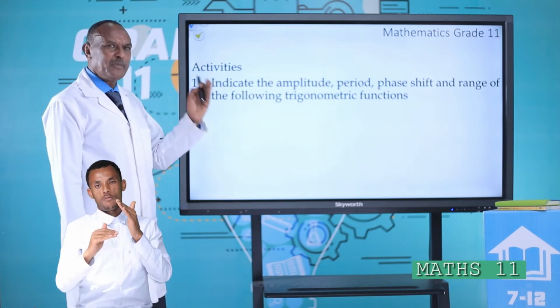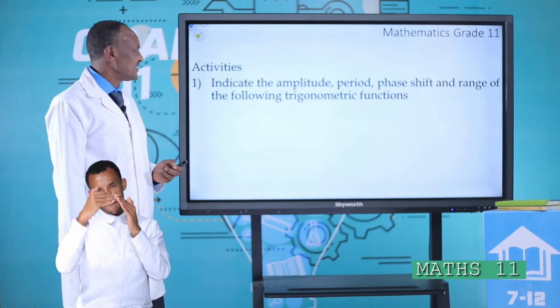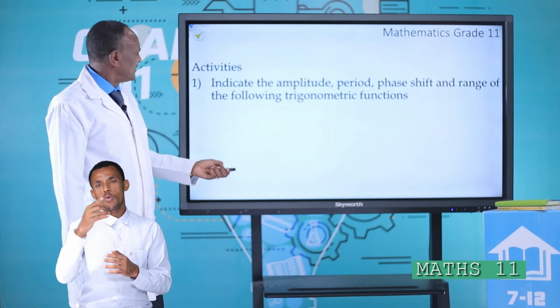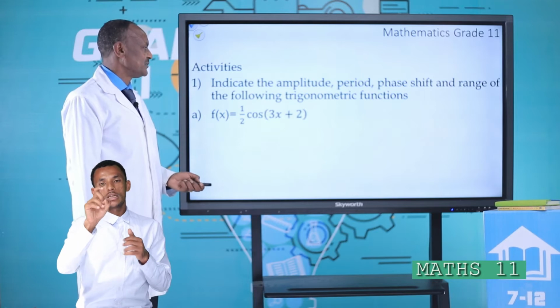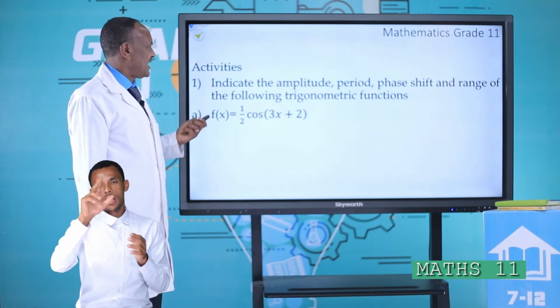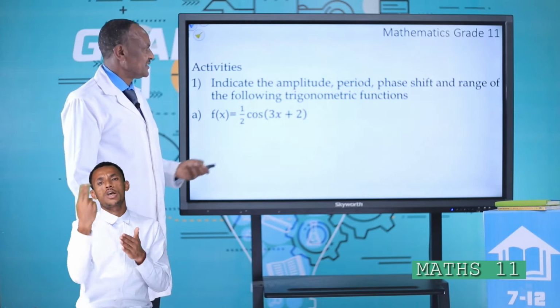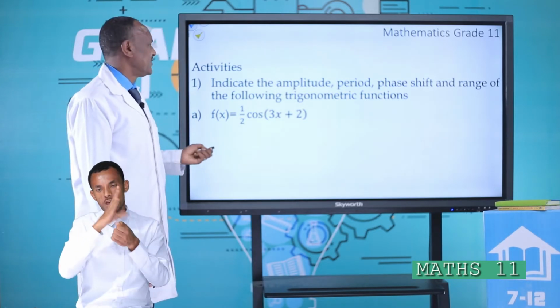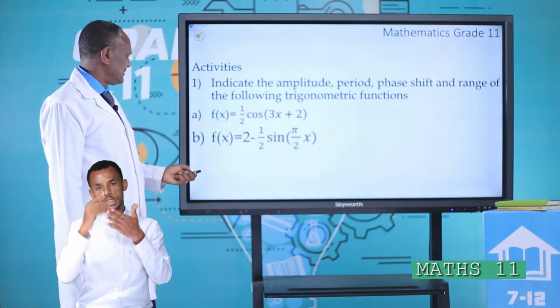Half of the maximum value of the trigonometric function minus the minimum value of that function. Taking the first one, f of x equals half of cosine of 3x plus 2. What is the amplitude of this function? What is the period of this function? Phase shift. And you are asked to calculate also the range for these given functions.